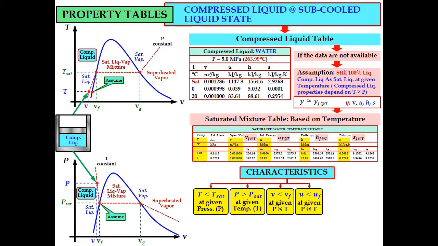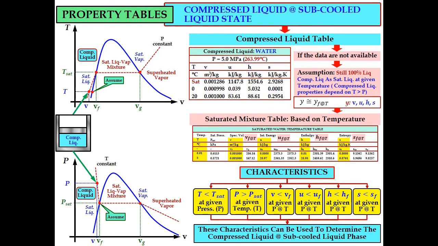The internal energy value must be less than uf at given pressure and temperature. For enthalpy, the enthalpy value must be less than hf at given pressure and temperature. The last one is entropy, where the value of entropy for the state must be less than the value of sf at given pressure and temperature.